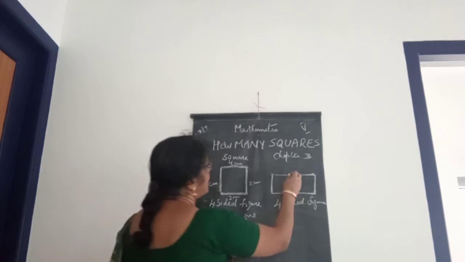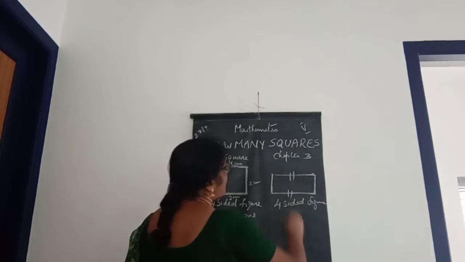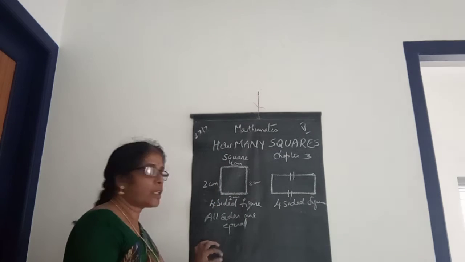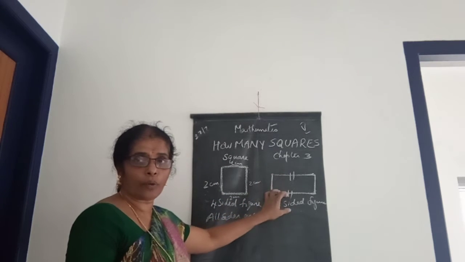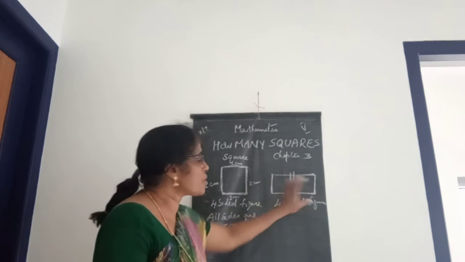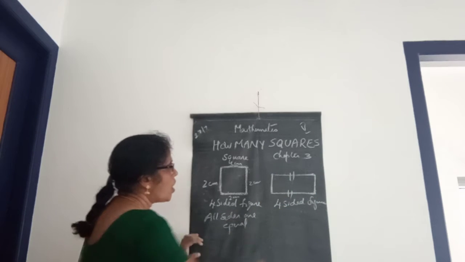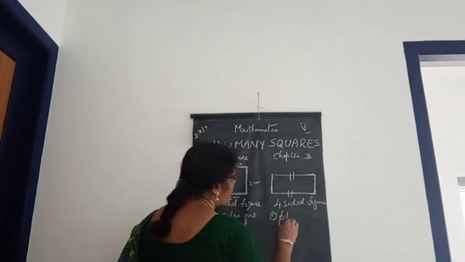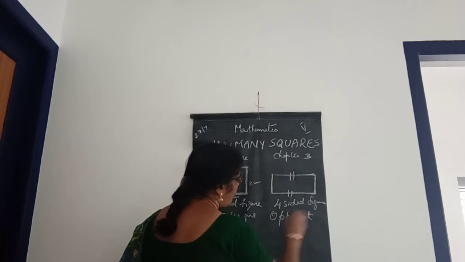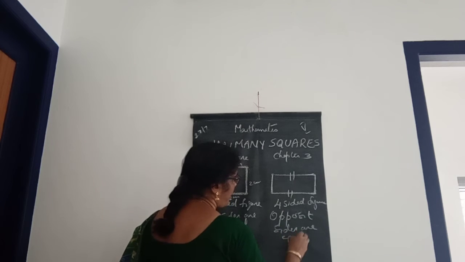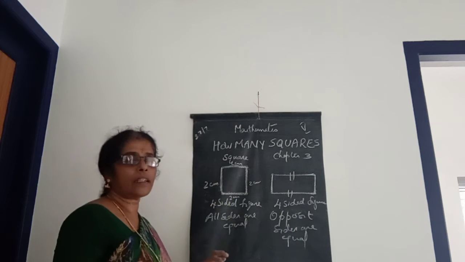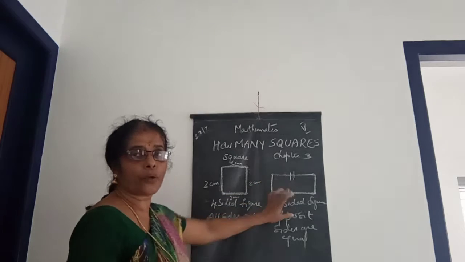Here, opposite sides are equal. Look here, these two sides are equal. Just like these two sides are also equal. Opposite sides means opposite sides are equal. So these two sides are equal.